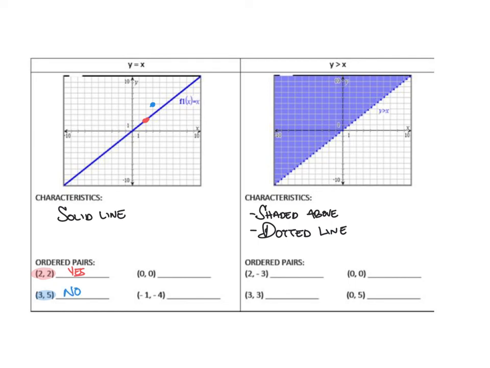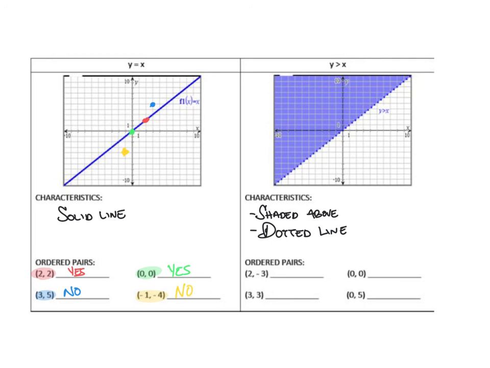So this is not a solution, because it's not on a line at all. We only have a solid line. That's the only thing we care about. Then for the next one, we have 0, 0, which is this point right here. Now that point is on the line. It's part of my solution. Then at last, I have the point -1, -4, right here. Is that part of the solution? No, because it's not on the solid line.